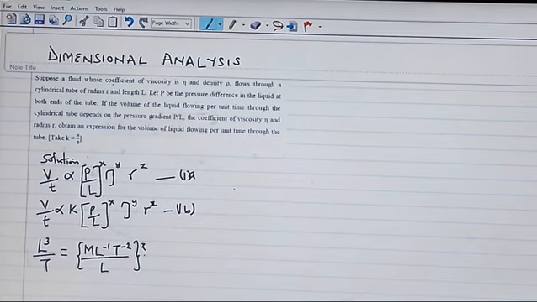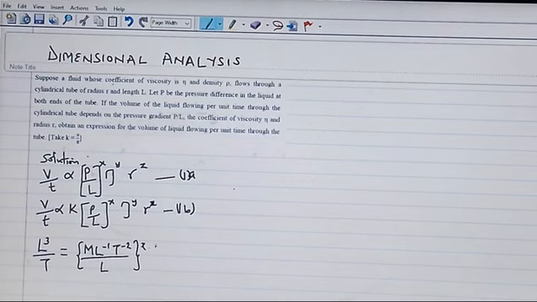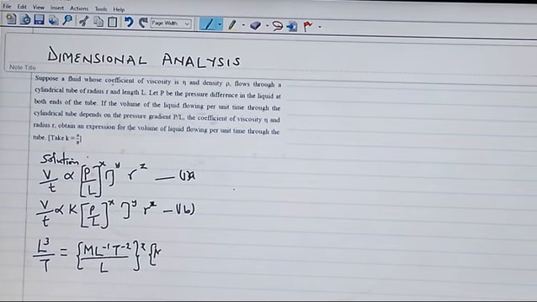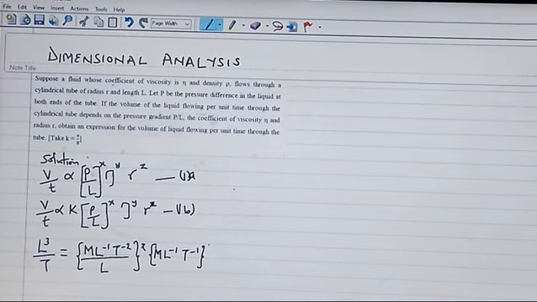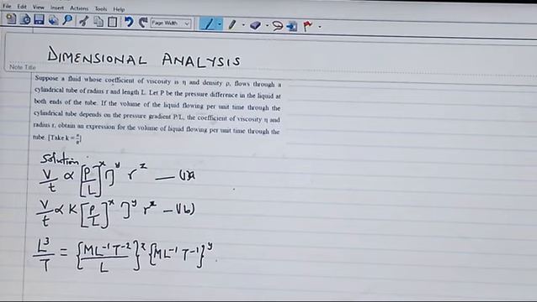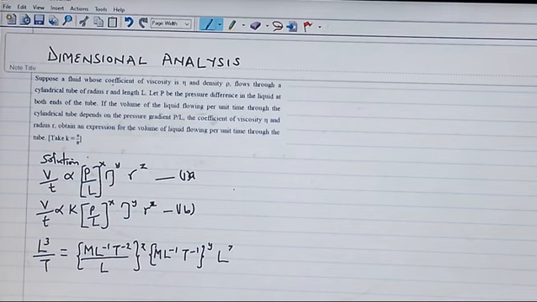Then the dimension for coefficient of viscosity, we've done that in our previous lecture series, is M L raised to power minus 1 T raised to power minus 1. We all raise everything to power 1. Then radius is the measurement of length, so L raised to power z. We can call this equation 2.